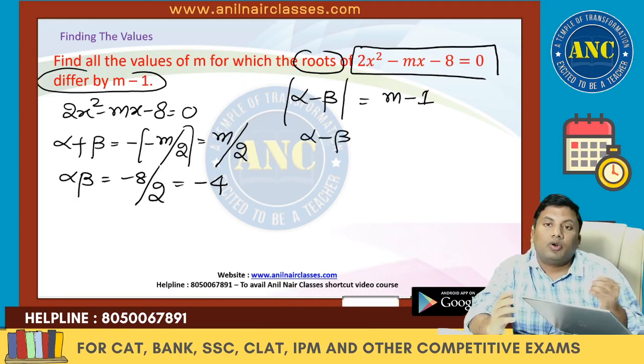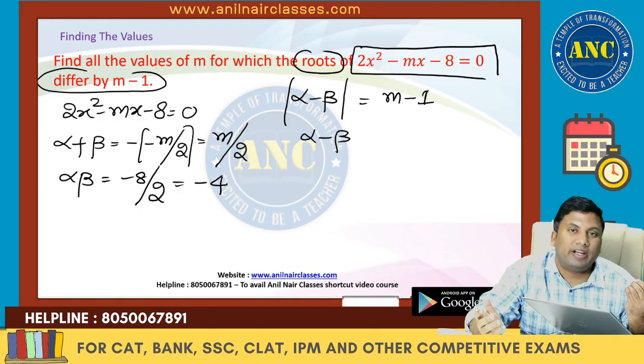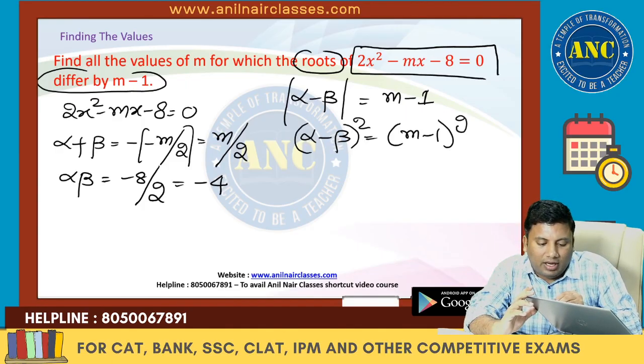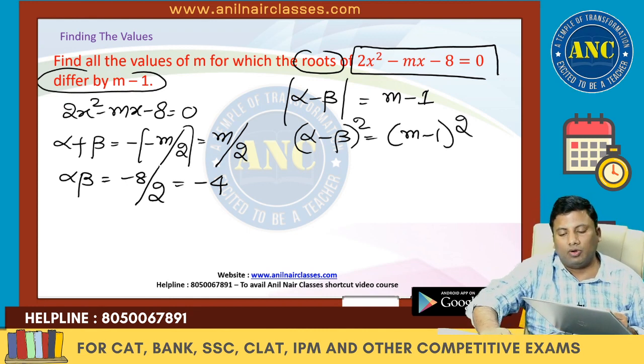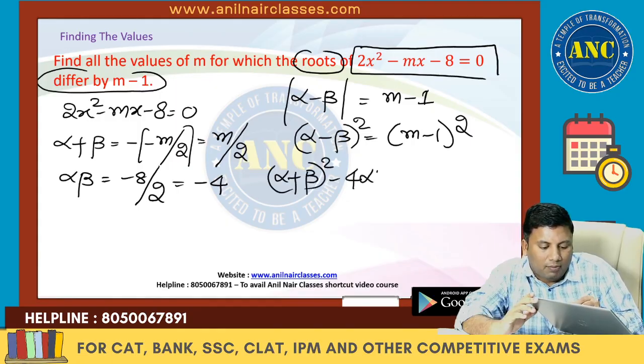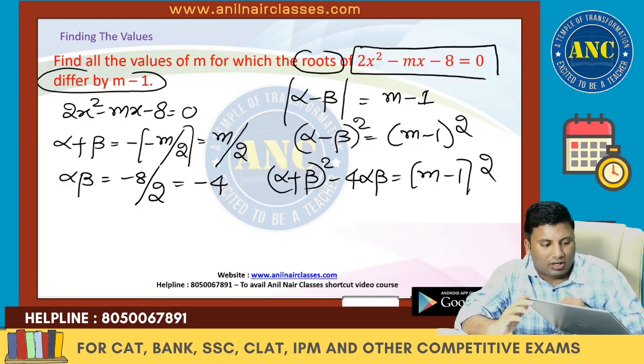So absolute difference could be alpha minus beta or beta minus alpha. Why make it complicated? Square it on both sides. Alpha minus beta whole square equivalent to m minus 1 whole square. This is alpha plus beta whole square minus 4 alpha beta equivalent to m minus 1 whole square.